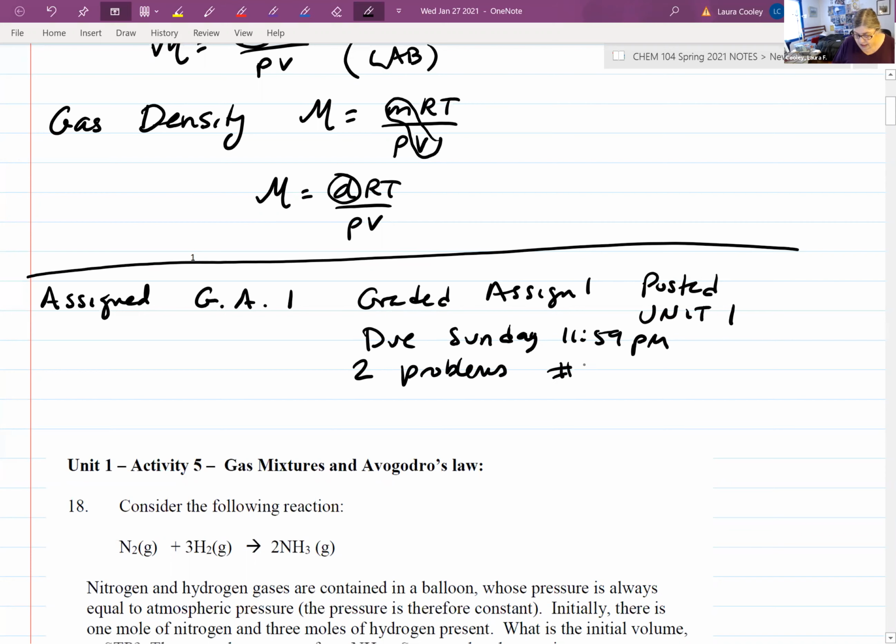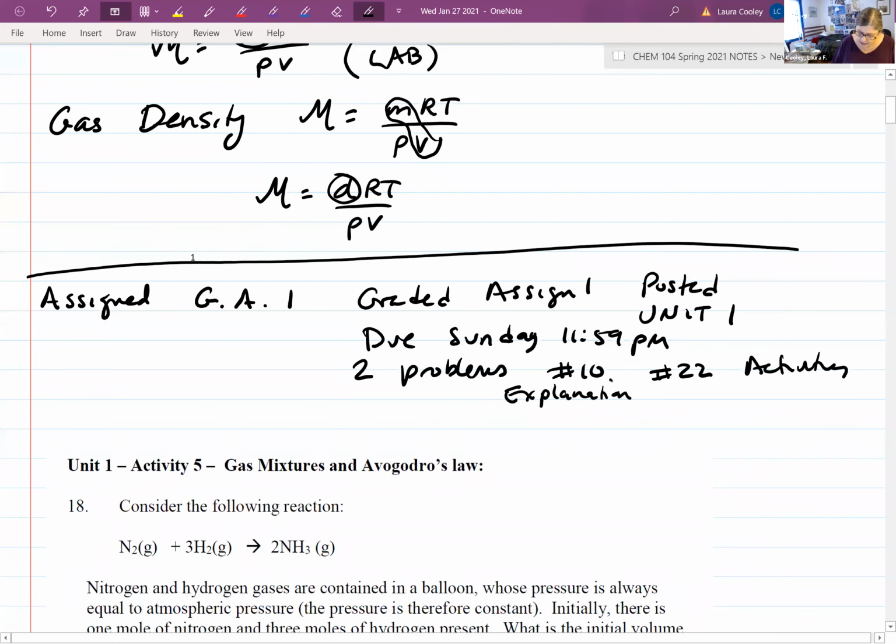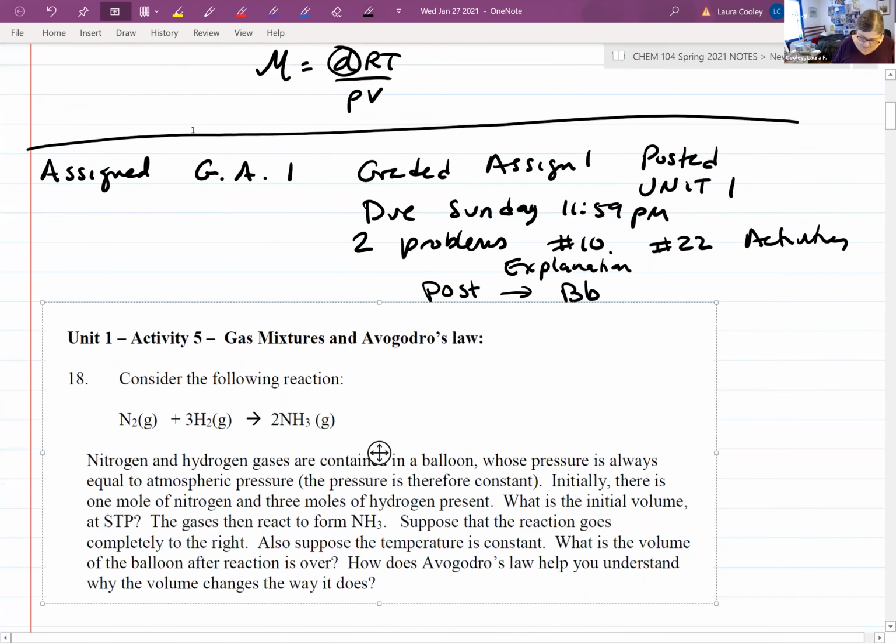It's actually number 10 and number 22 on the activities, but it's on its own sheet. And for number 10, I ask you for an explanation as well. And I give you a space to write it. So please submit to Blackboard. And there's a folder for graded assignments that you will find, and that's where you should post it.